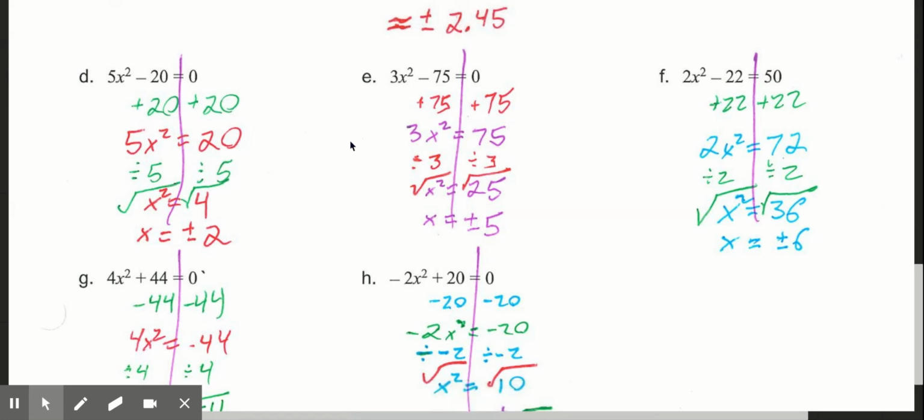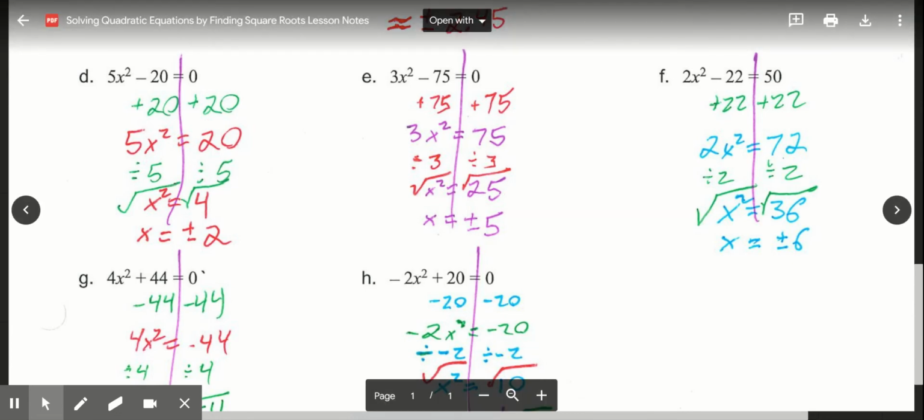So again, we want to get x alone, but we have to isolate it first, meaning to undo the math that's already there. So currently we have 5x squared minus 20 equals 0. So we're working order of operations backward.